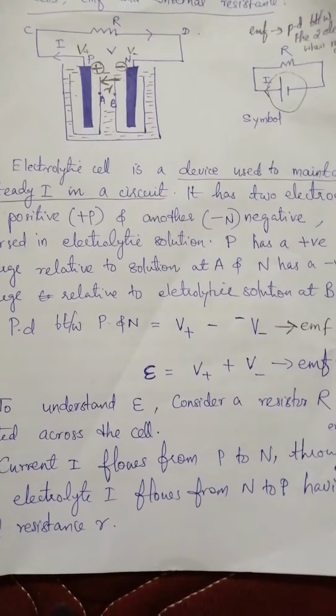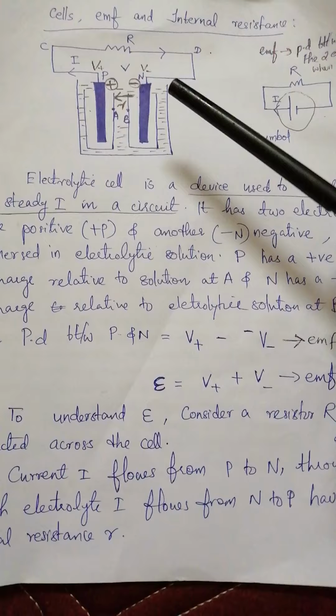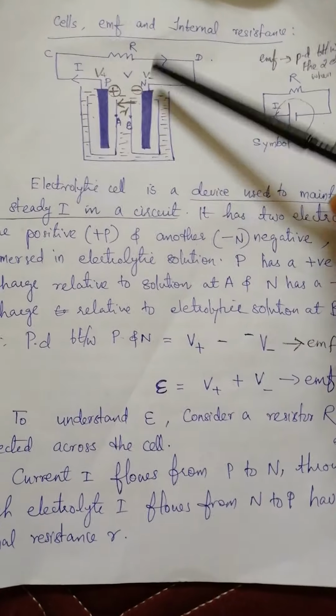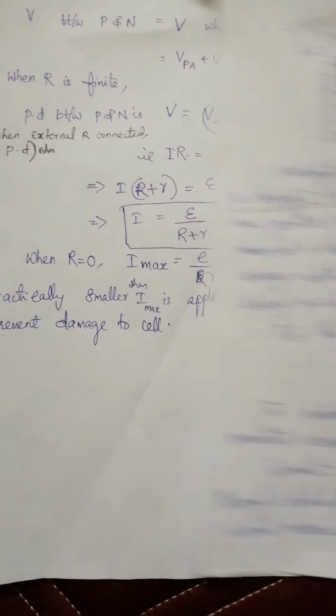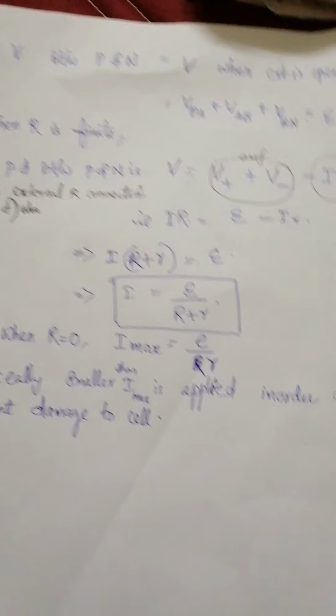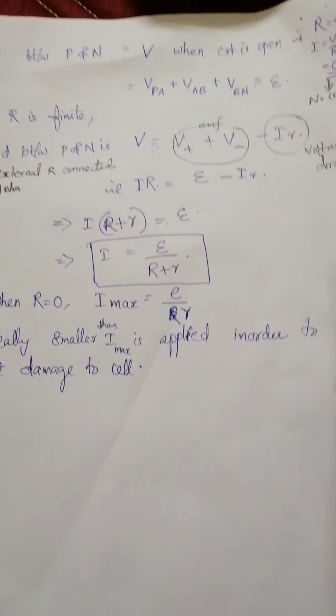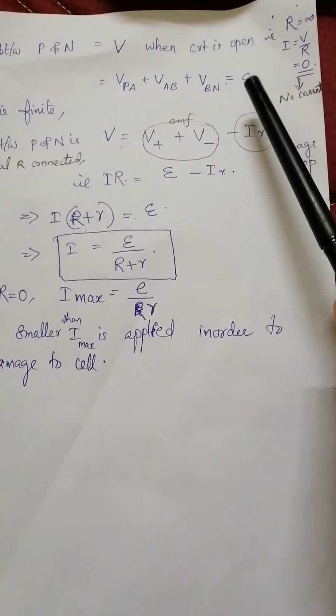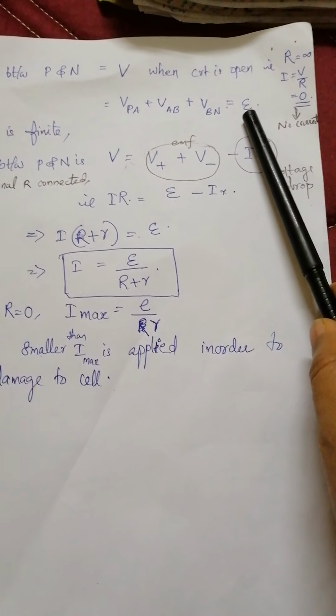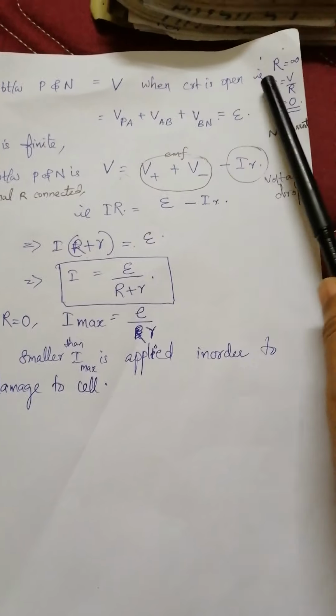In order to understand this EMF, we can consider this external circuit. This one is the EMF we have just calculated without the circuit. That means when the circuit is open, the potential difference between P and N we can write as EMF.